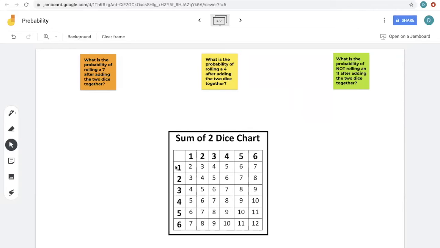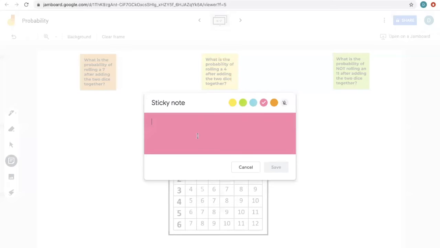We're going to take the probability of 1 and then the probability of another and multiply them. And so what we'll do is we'll say, what's the probability of rolling a 1 on the first? So the probability of rolling a 1 on first is 1 out of 6. And then what is the probability of rolling a 1 on second?